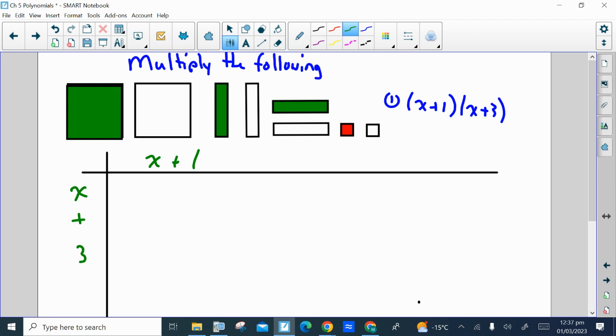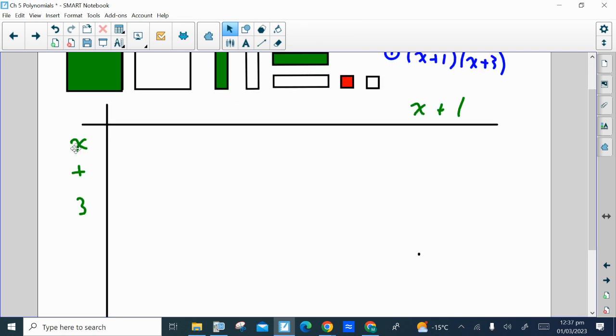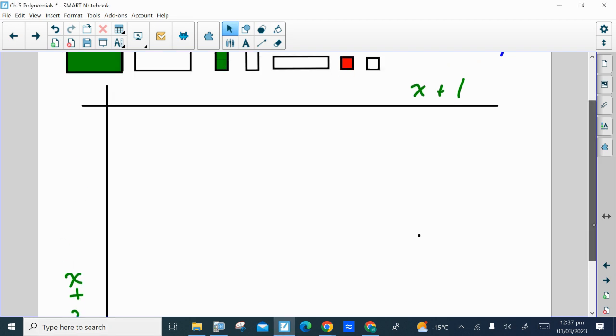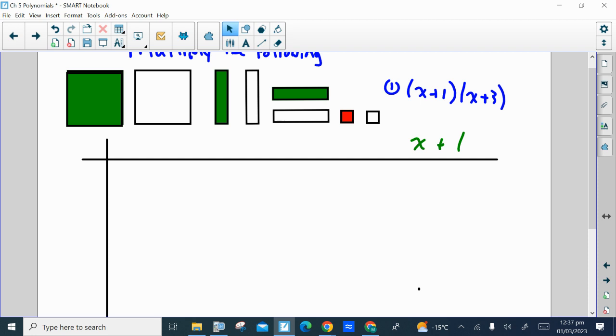So with these algetiles, and I'm just going to move these over a little bit so I have room to put my algetiles in there. With these algetiles, there are two different colored tiles. The dark ones represent a positive tile.